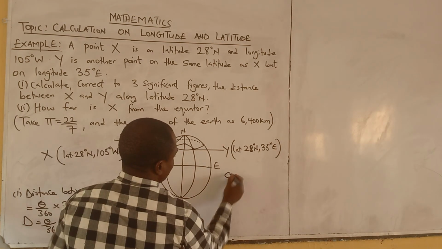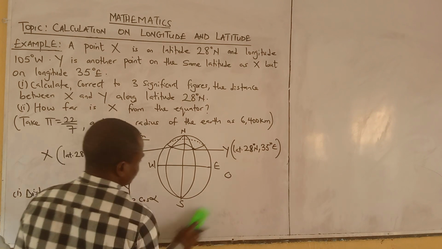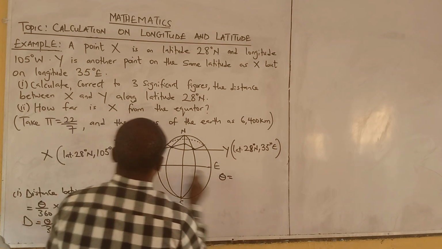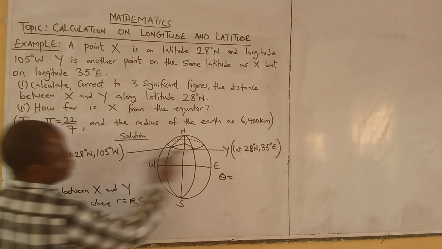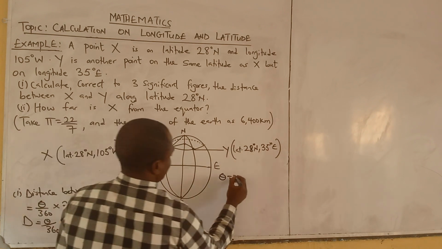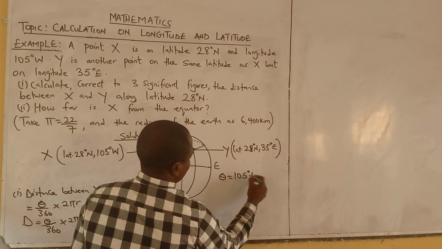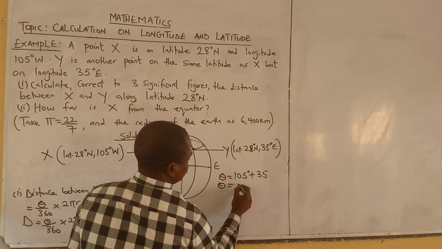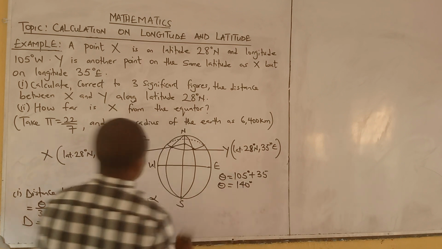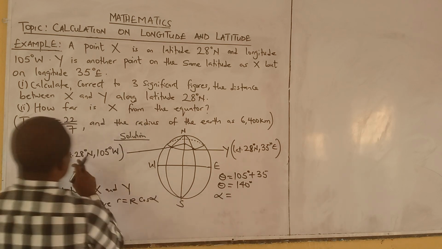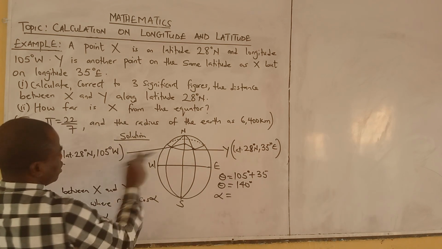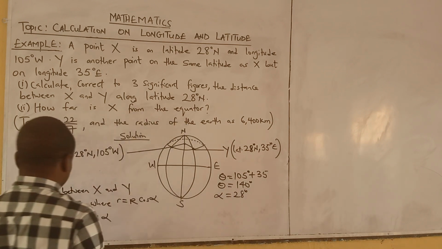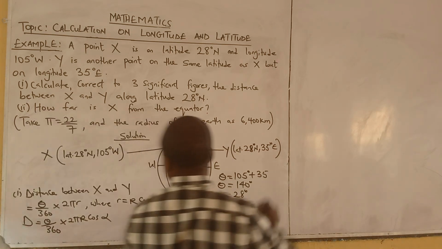If the directions are different, you add them together, but if they are the same, you subtract. So theta now equals 140 degree. Your alpha, you pick one, will be the same, that's 28 degree. Now let's go to the calculation.